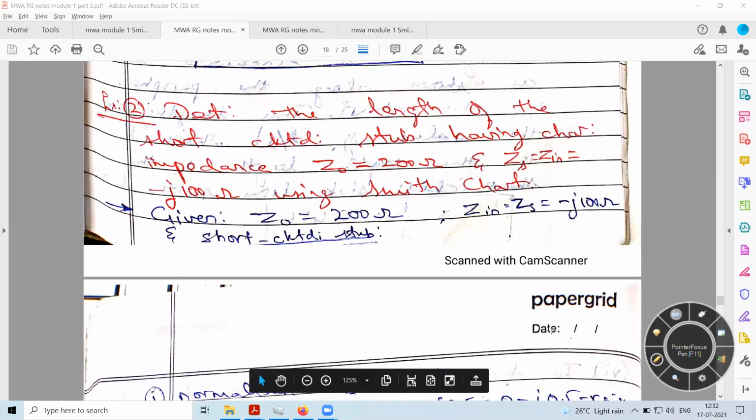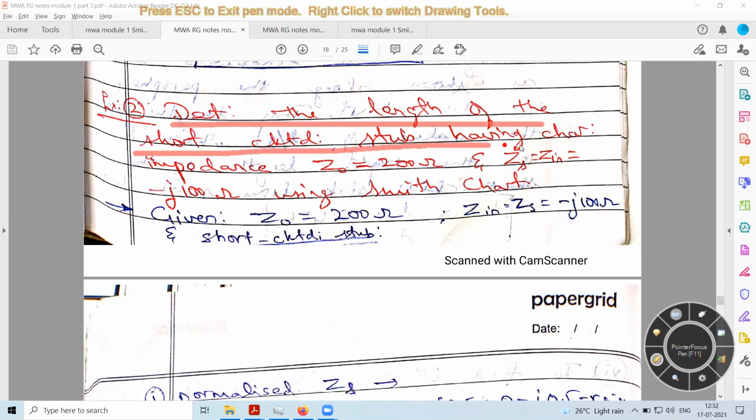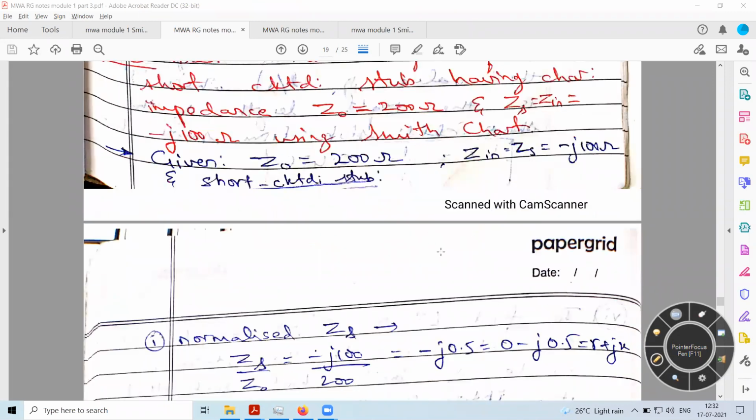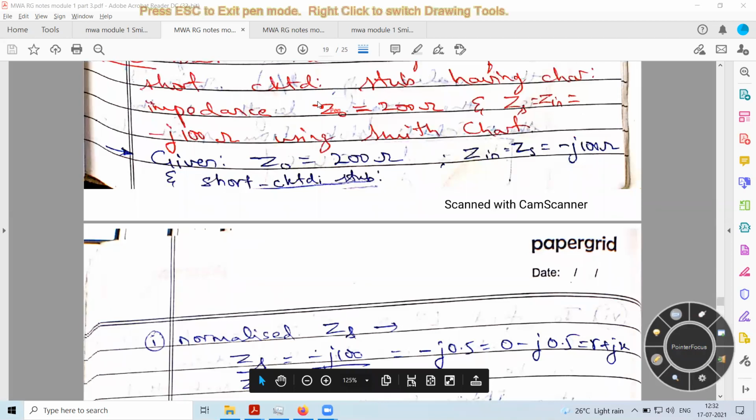The next problem is: determine the length of the short circuited stub having characteristic impedance Z0 equal to 200 ohms and input impedance of minus j100 ohm using a Smith chart. In this case, what parameters have they specified? They have given two parameters.